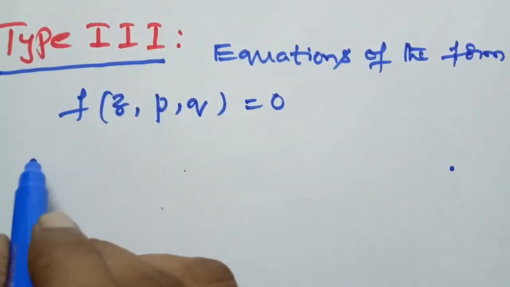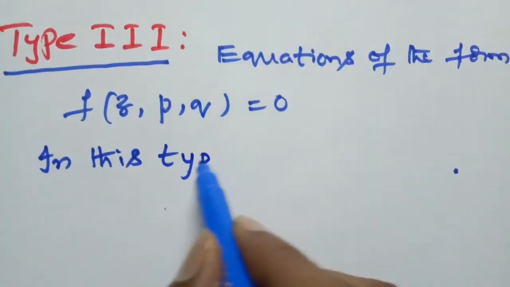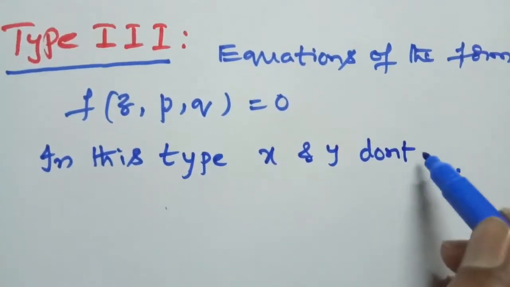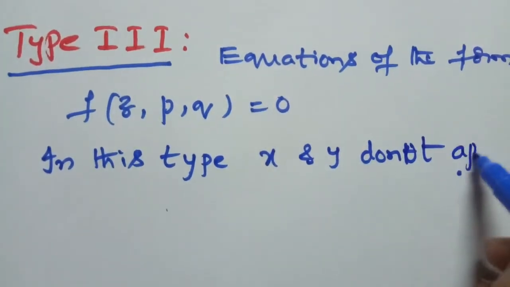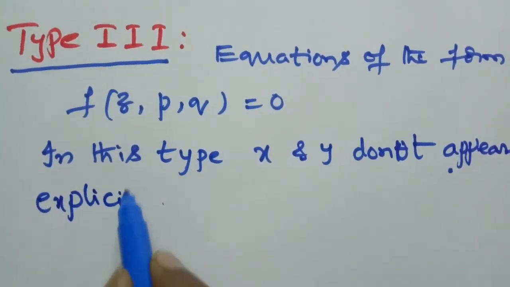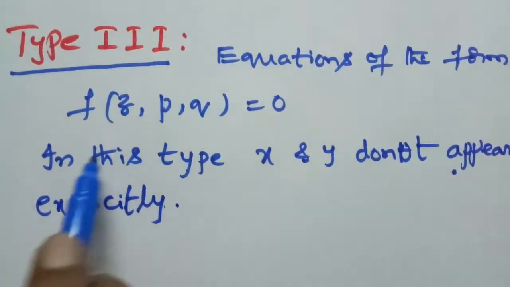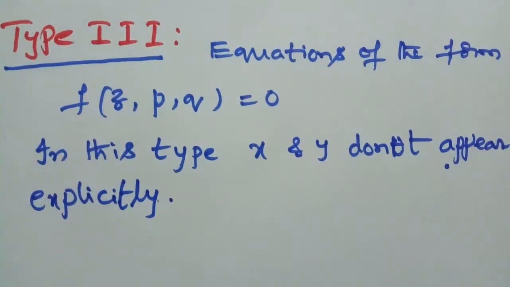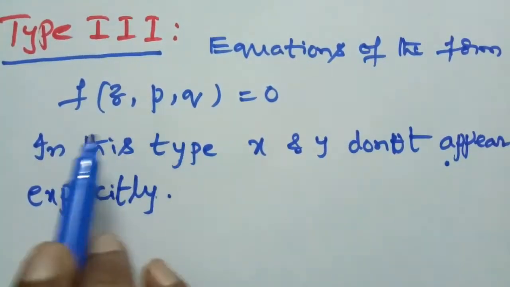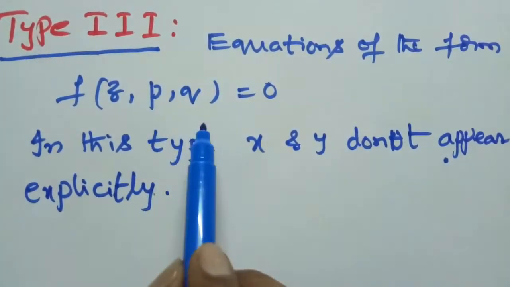That means in this type, x and y do not appear explicitly. That means here in this equation it involves only p, q and z. There is no x, y appearing explicitly. So it involves only p, q and z.